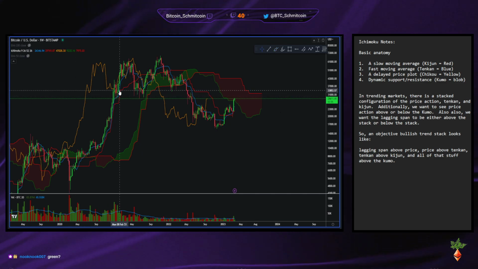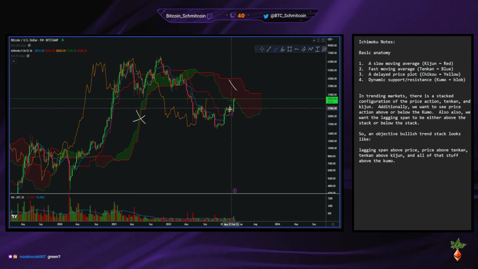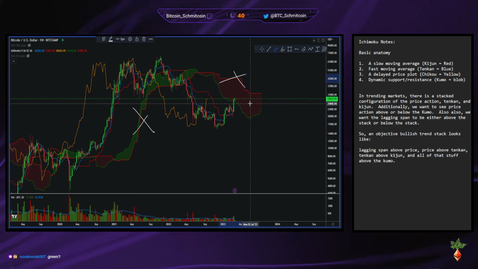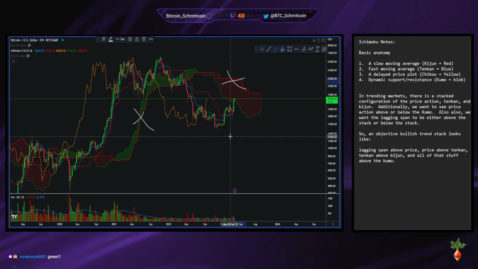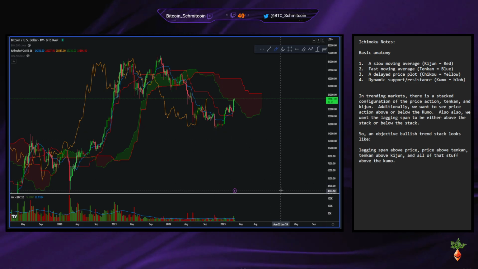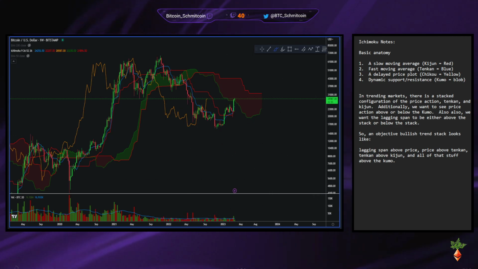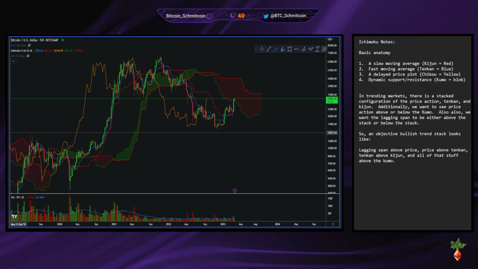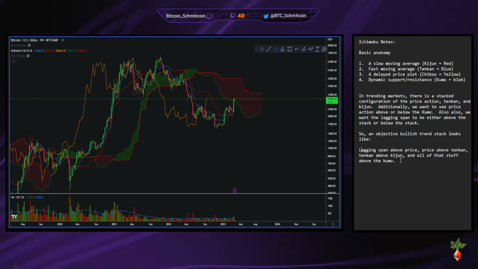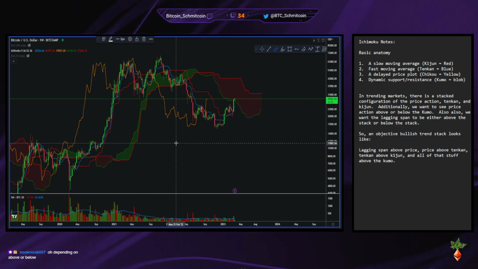Okay. So 40,000 foot overview. Green. Well, no. So this is the Kumo, and this is the Kumo. This is like the actual cloud itself. So it's not red. It's both. It can be green or red. Depending on above or below, sort of.